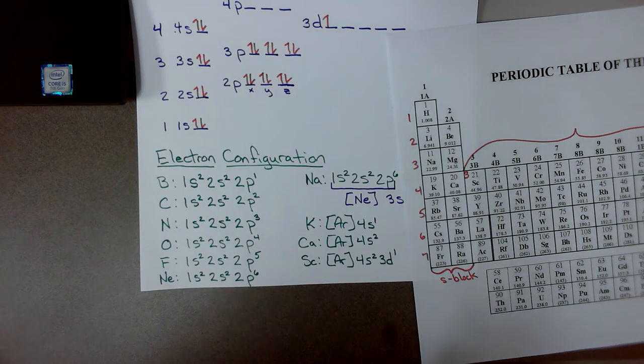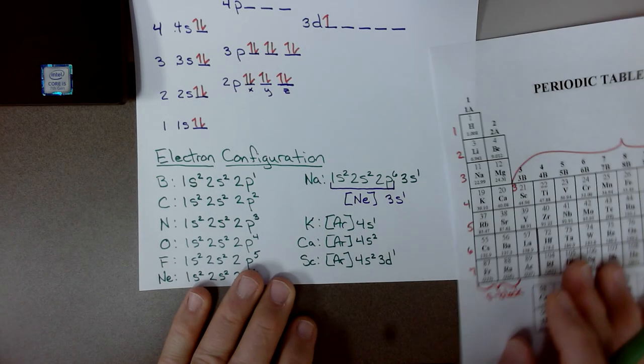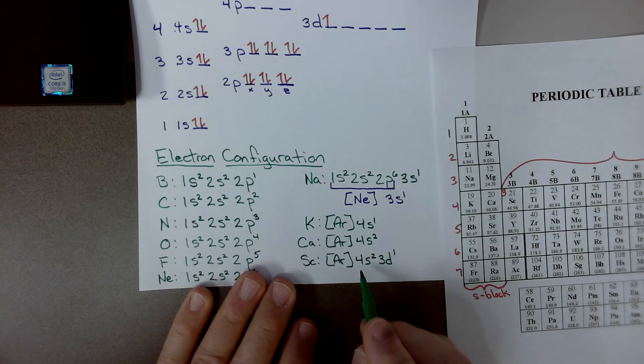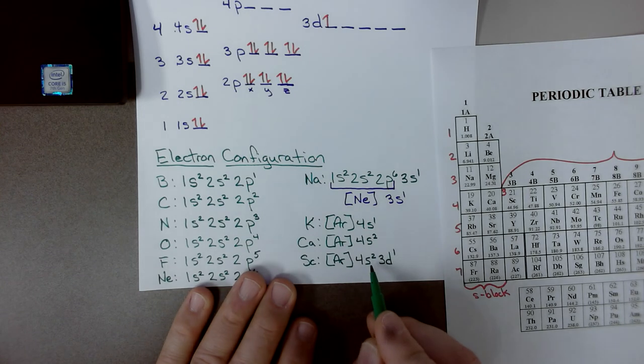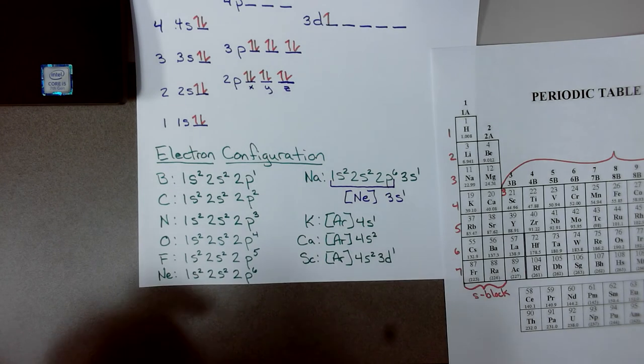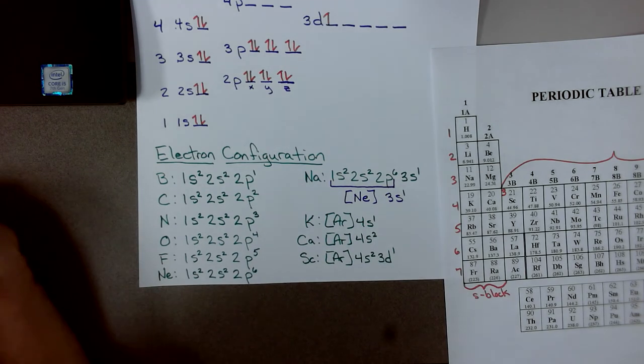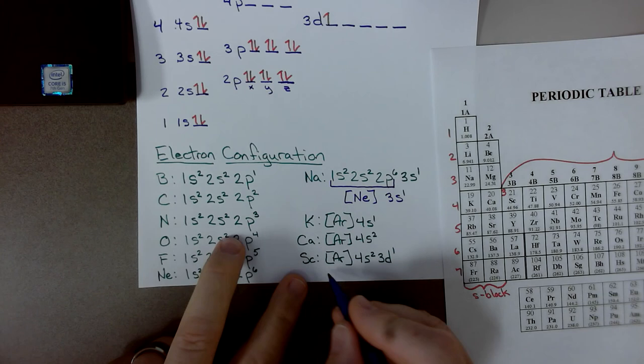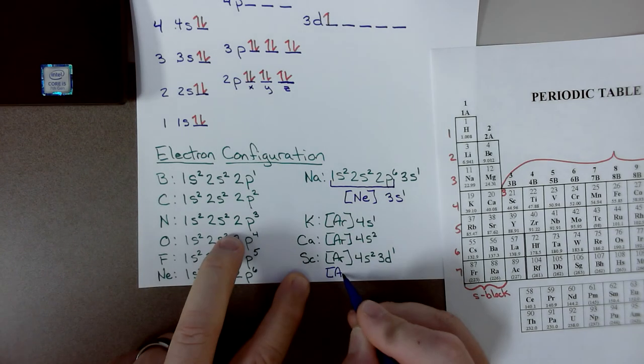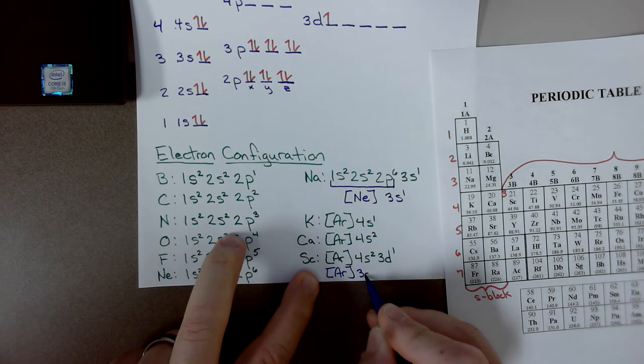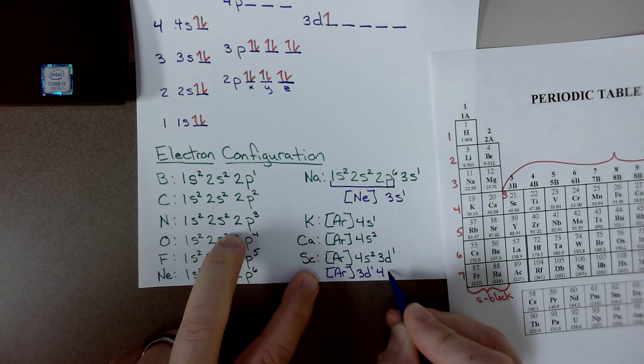Now, it doesn't matter if I put it as 3D1, 4S2. It doesn't matter what order as long as you get the energy level and sublevel correct. So I could, and you will see this in a lot of textbooks, write it as argon 3D1, 4S2.